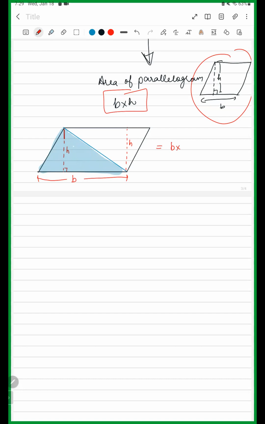B multiplied by H. So base multiplied by height. And we can also see that this parallelogram, जब हमने इसको बीच में से डिवाइड कर दिया तो it is getting divided into two equal triangles. ये triangles आपस में congruent हैं. How will you know? अगर आप इसको बीच में से कट करो and try folding it and try overlapping the triangles on top of each other, so they will be overlapping, they will turn out to be congruent, है ना?